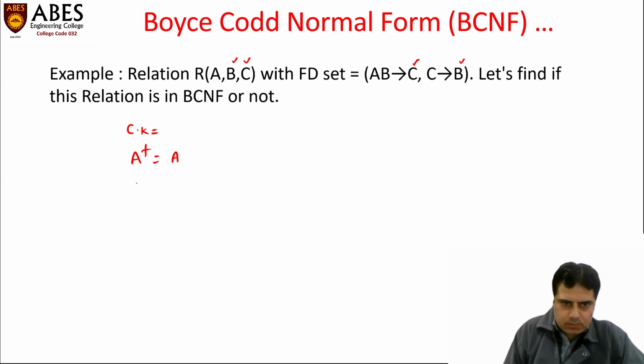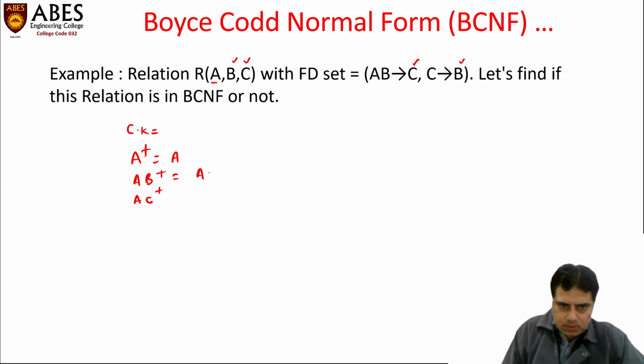Now we have to make pairs with the missing attribute A, so the combinations are AB and AC. Now take the attribute closure.